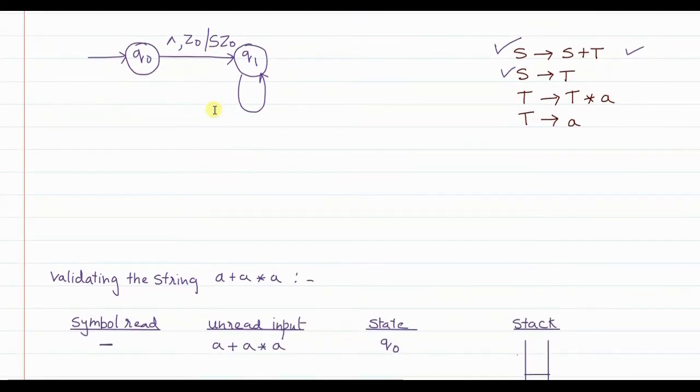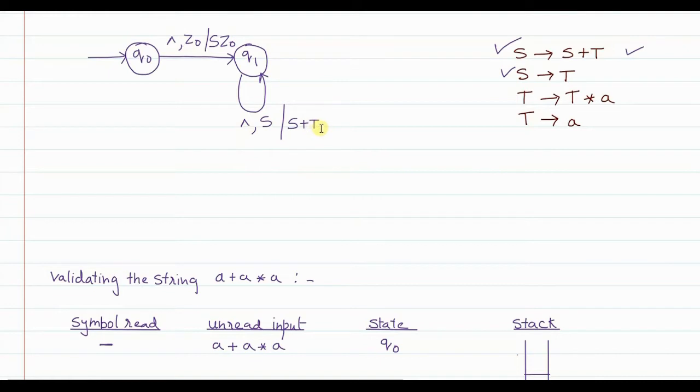No. So when nothing is read as input yet, and S is on top of the stack, then since S is a non-terminal, it will be replaced with the right hand side, S plus T. The string that will be pushed onto the stack in place of S is S plus T. Of course it will be pushed in reverse order, so while pushing it will look like T plus S, but what you are pushing is the original string S plus T. So for the first production, this is the transition.